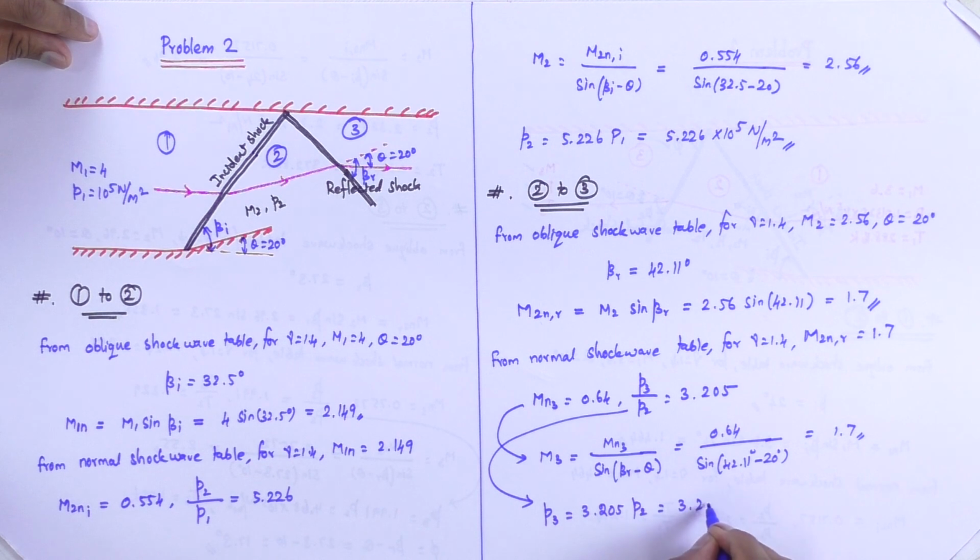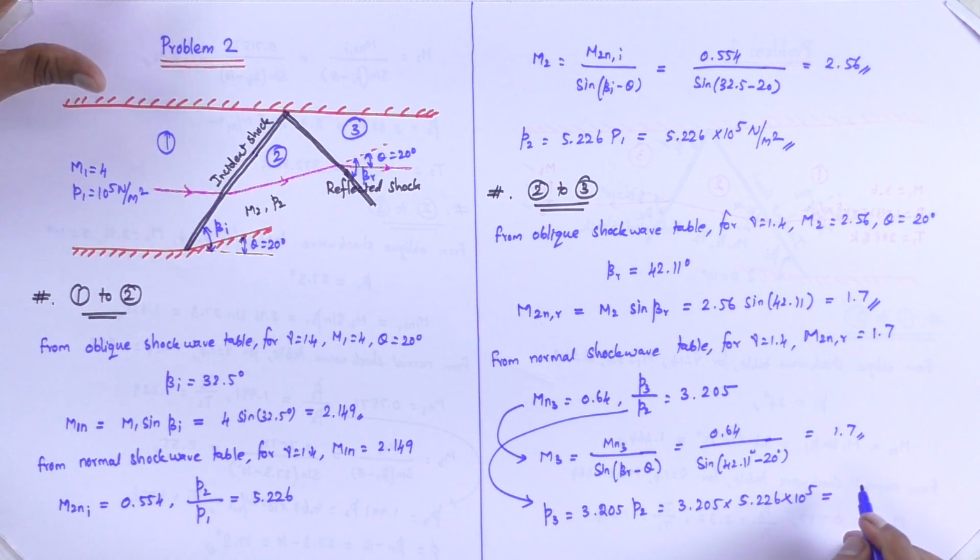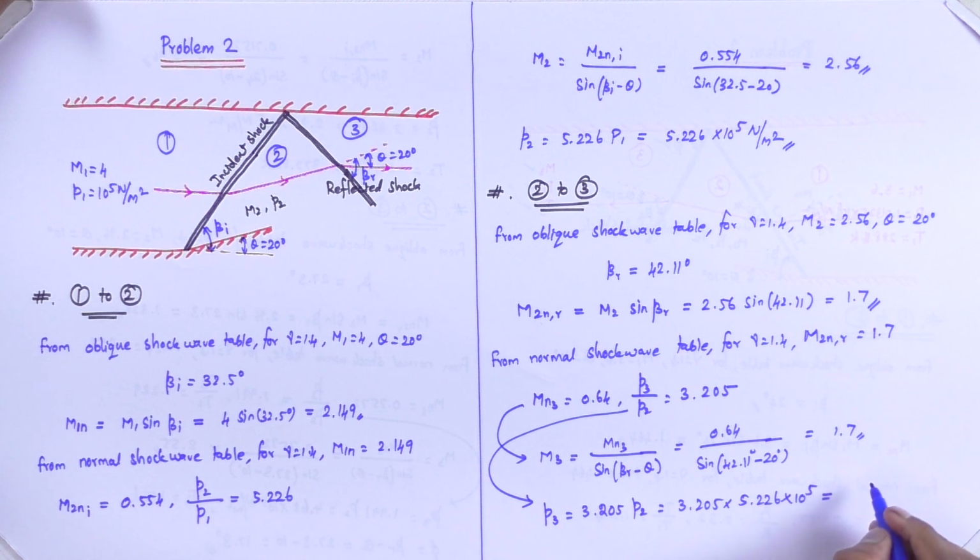We know the value of P2, that is 5.226 into 10 power 5 Newton per meter square. After the simplification we will get P3 as 16.75 into 10 power 5 Newton per meter square.